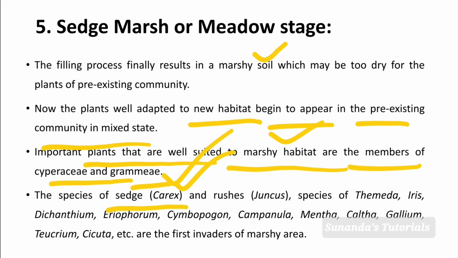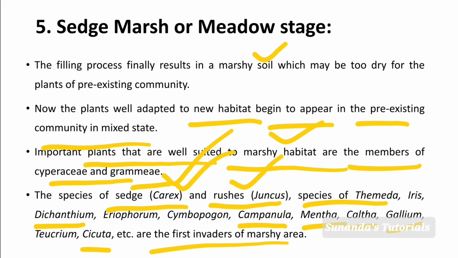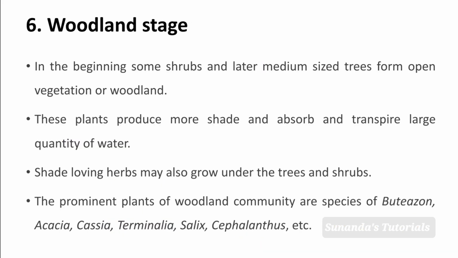The species of sedge, that is Carex, and rushes, that is Juncus, species of Themeda, Iris, then Dantium, then Eriophorum, then Cymbopogon, then Campanula, Mentha, Caltha, Galium, Teucrium, then Cicuta are the first invaders of this marshy land. That means generally the plants that are grass in nature of Cyperaceae family appear in this stage.